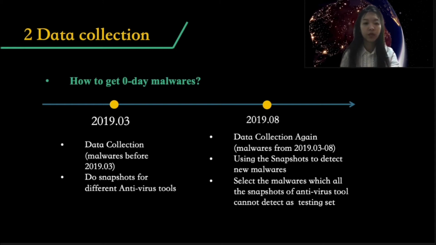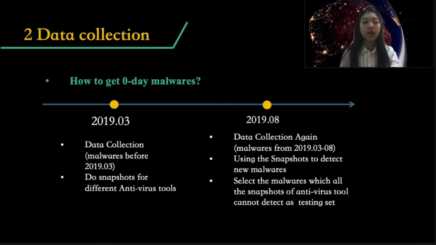The solution for data collecting is, firstly, in March 2019, I collected the data before March, and I downloaded some antivirus tools and did not update them anymore. This means I took snapshots of those antivirus tools in March, so they keep the detection ability level of March.